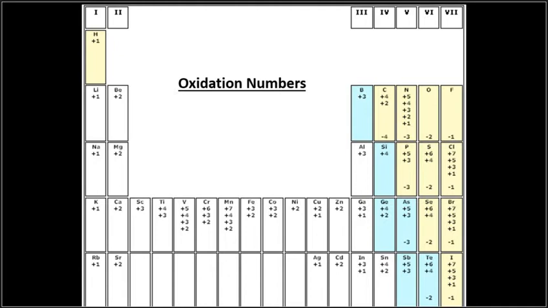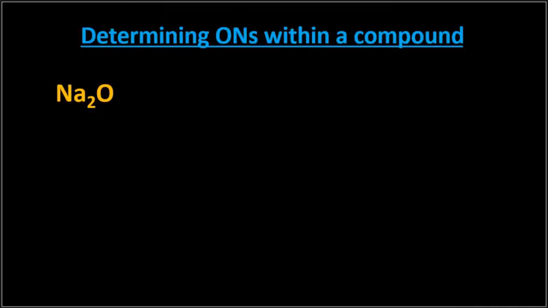They tend to have a lot of different oxidation numbers. So what you will need to learn to do first off, now that you of course know the rules and have them memorized, is be able to determine what the oxidation number is inside of a compound when you only know some of the oxidation numbers.